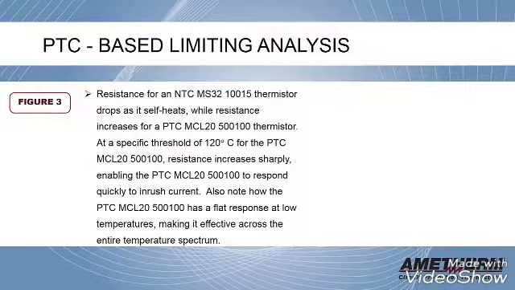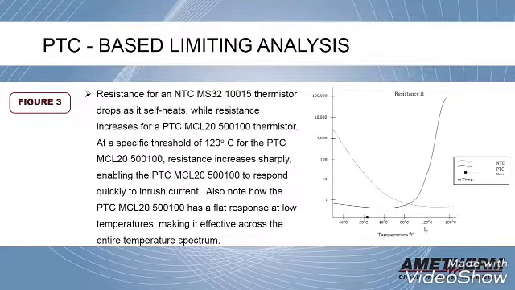Let's take a further look at PTC-based limiting. Referring to the graph to the right, resistance for an NTC MS3210015 thermistor drops as it self-heats, while resistance increases for a PTC MCL20500100 thermistor.